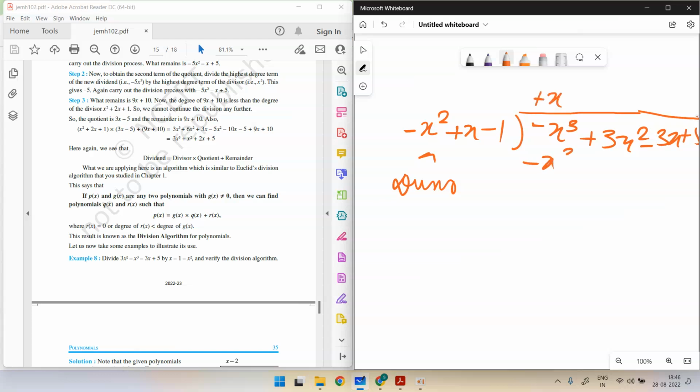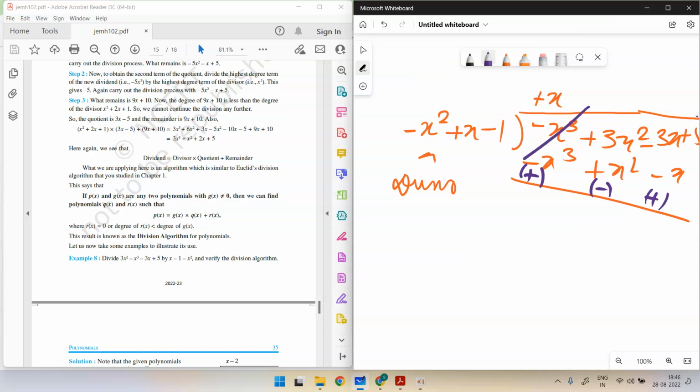Minus x will become minus x cube plus x square minus x. Now if you subtract, this will be plus, this will become minus, and this will be plus. This will be cancelled, and from 3x square minus x square you get 2x square. From here this will become minus 3x plus x is minus 2x plus 5. 5 is dropped from here to here.